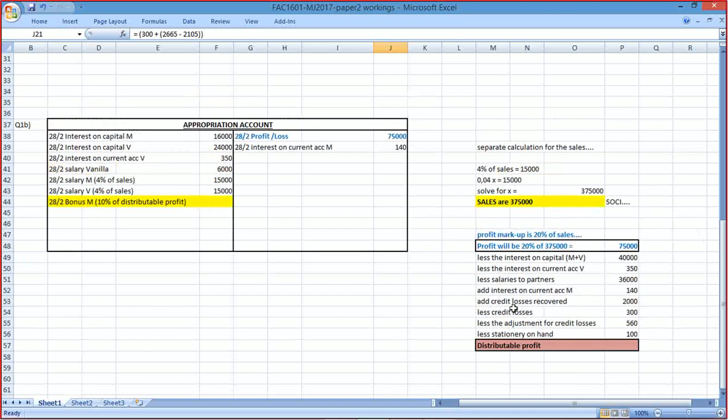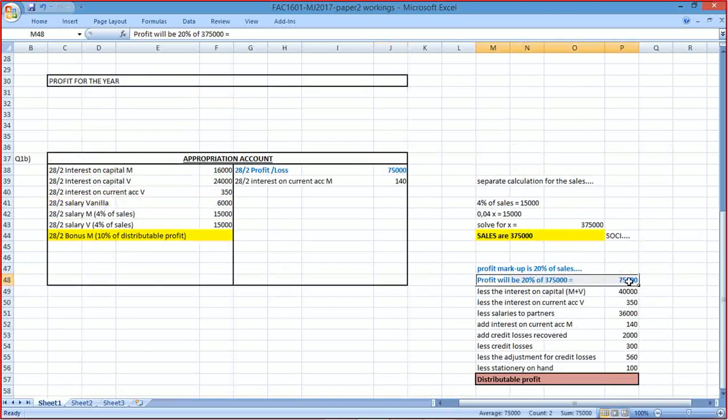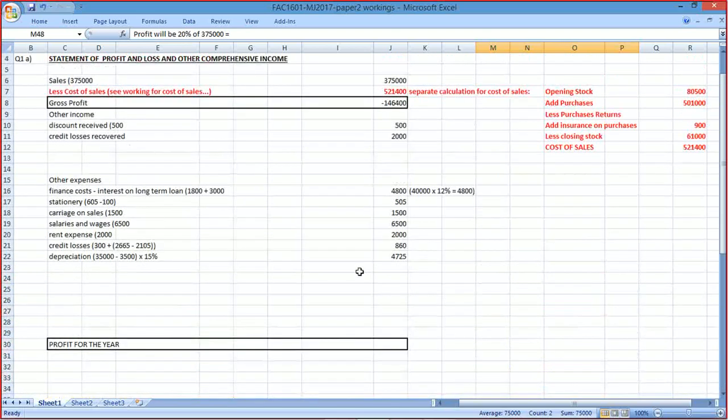Okay, they gave us a profit figure. So can I work that out now? Well, yeah, I had the profit figure here of 75,000. That was the profit figure that we calculated from the information given to us in the question.